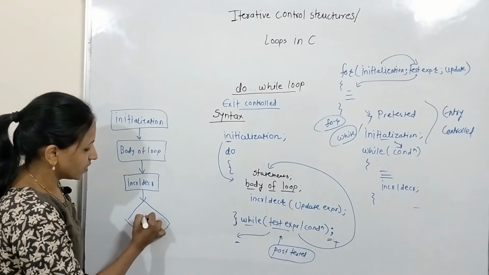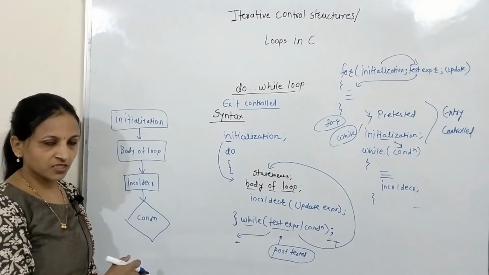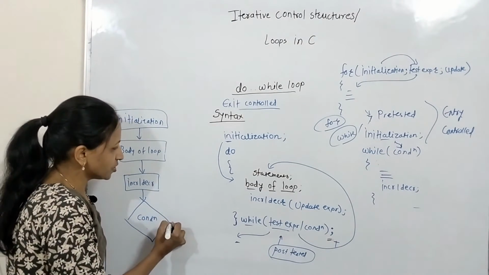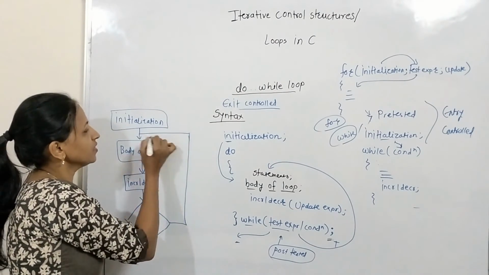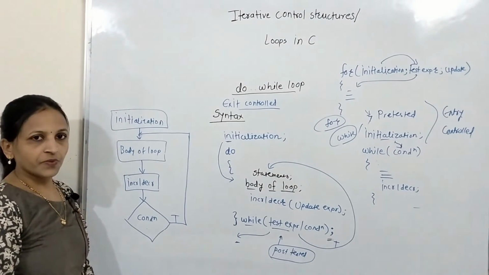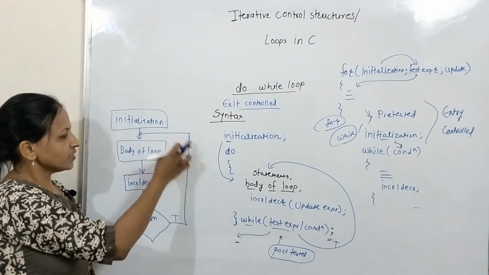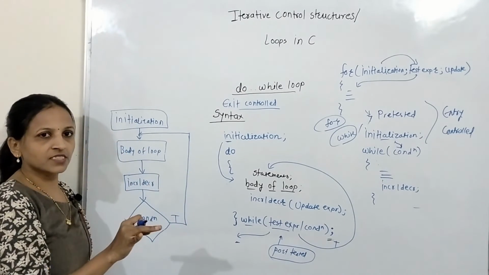Here the condition will be checked, whatever test expression gets resolved here. If this is true, then only again control will come here to execute the body of the loop. If this one is true, then only. Then a second time, if the condition is true, then only this body of the loop will get executed.